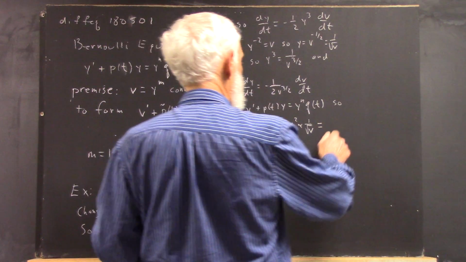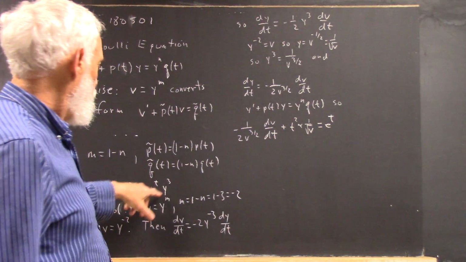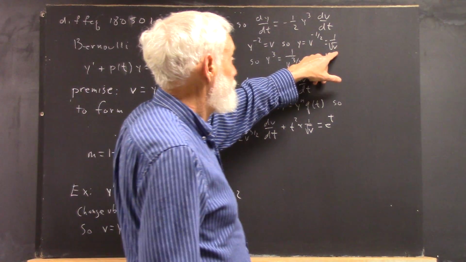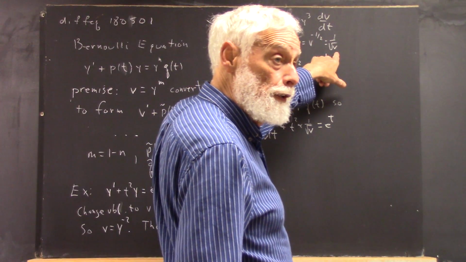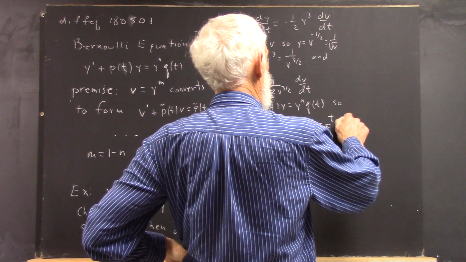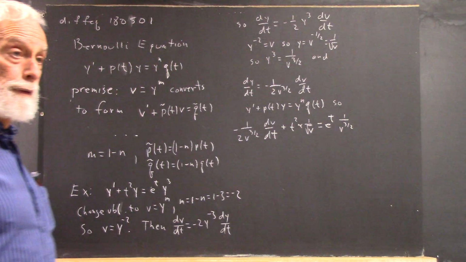So you're going to have e to the t times y cubed, being the cube of 1 over the square root of v, right? So that's going to be 1 over v to the 3/2. Okay?